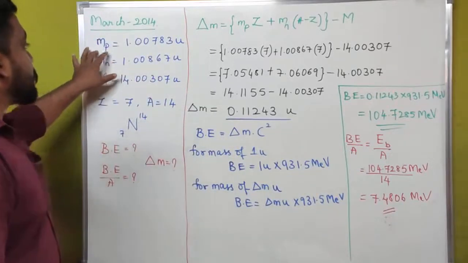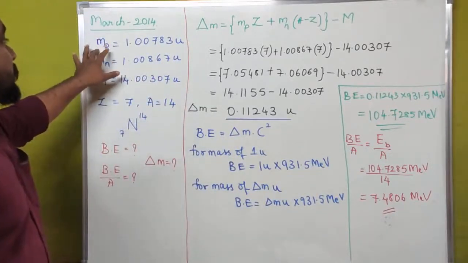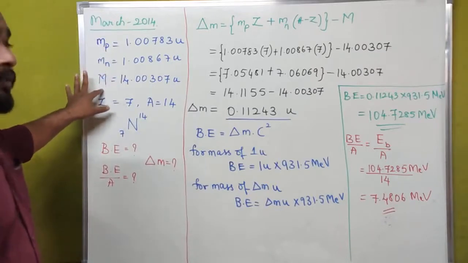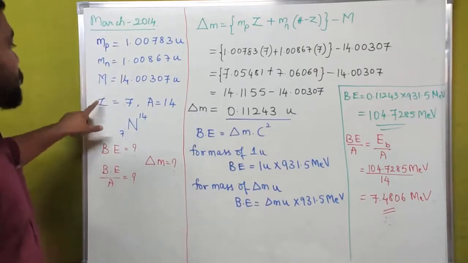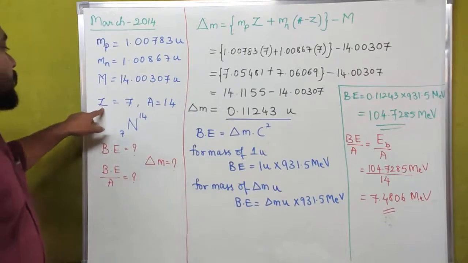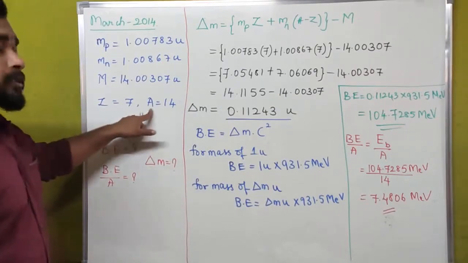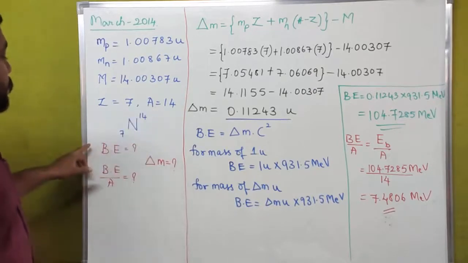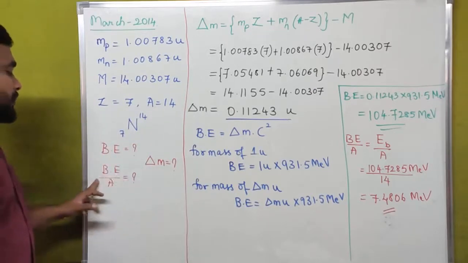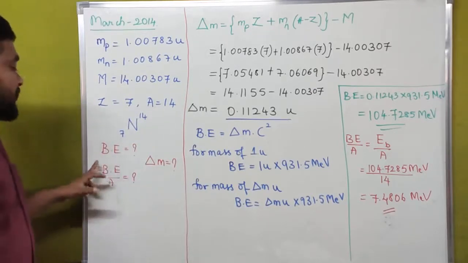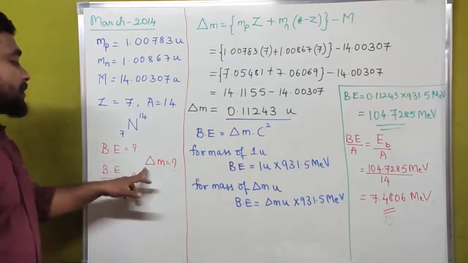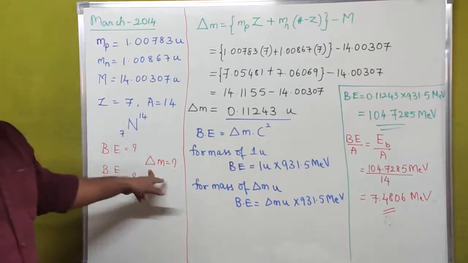Here what they have given is the mass of the proton, the mass of the neutron, and the mass of the nitrogen nucleus. This is the atomic number of nitrogen, and this is the mass number of nitrogen. What we have to calculate here is binding energy and binding energy per nucleon. To calculate binding energy, initially we should know the mass defect.